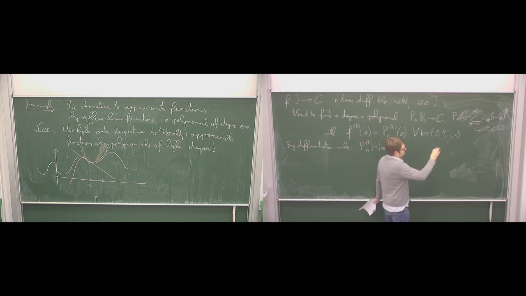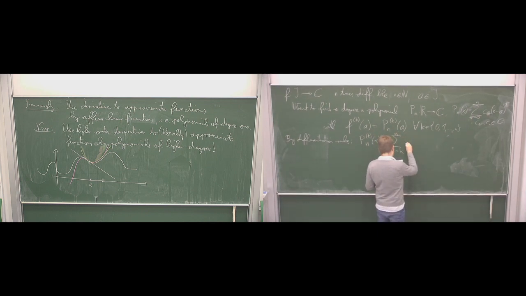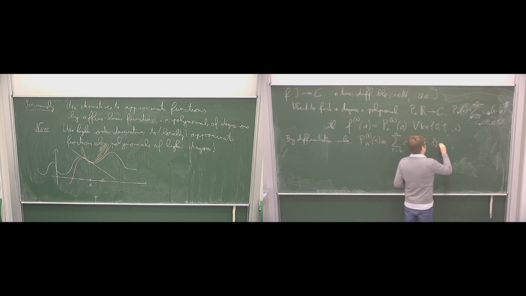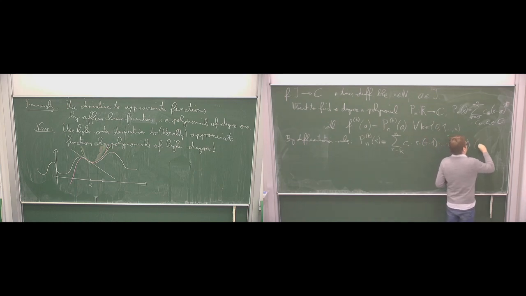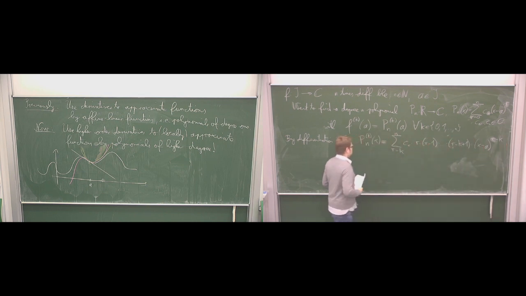Using the derivation rules that we had before, this is c_r times r times (r minus 1), and so on until (r minus k plus 1), times (x minus a) to the power of (r minus k). This is the k-fold derivative of this expression.